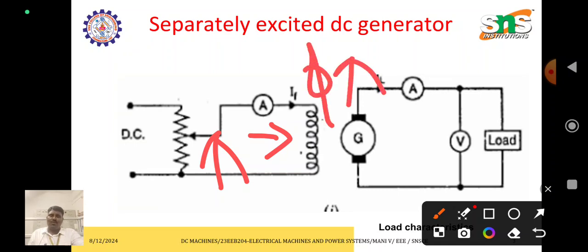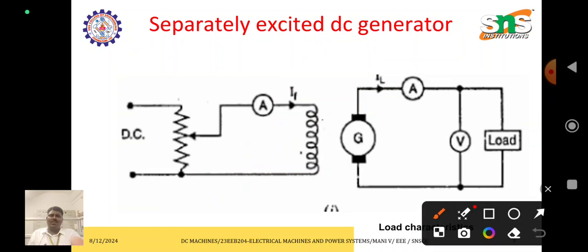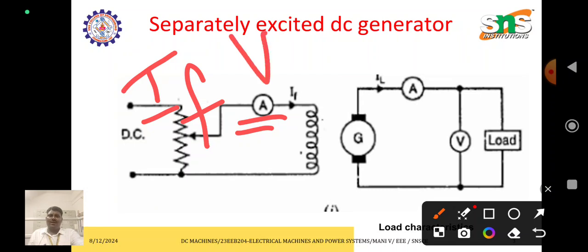So the armature cuts more flux and induces more voltage. If the flux increases, the induced voltage also increases. This is the relationship between the field current and the generated voltage.